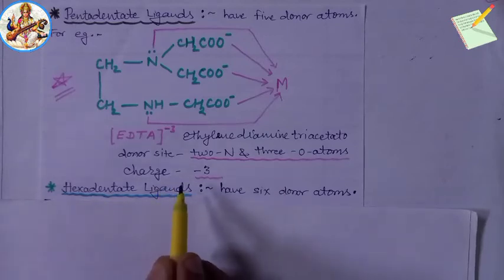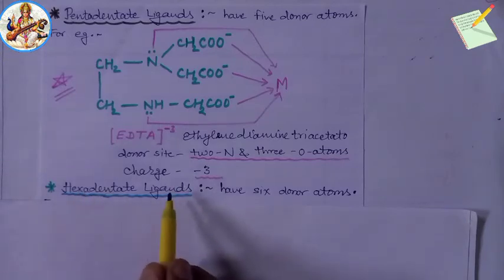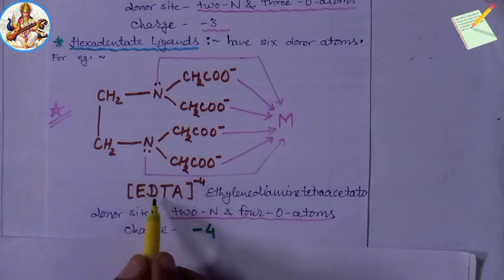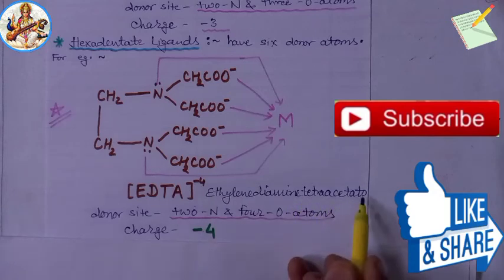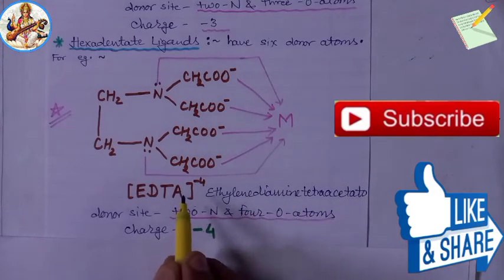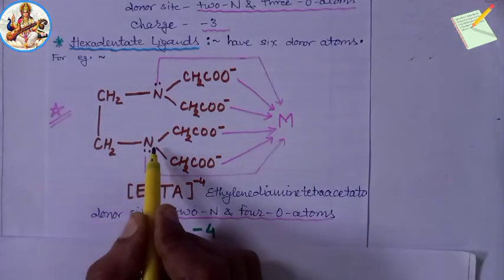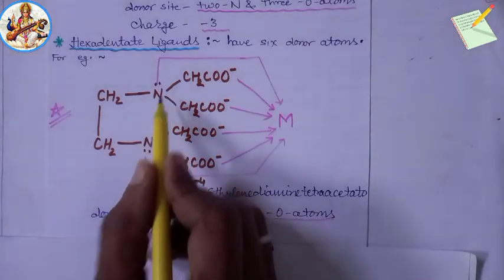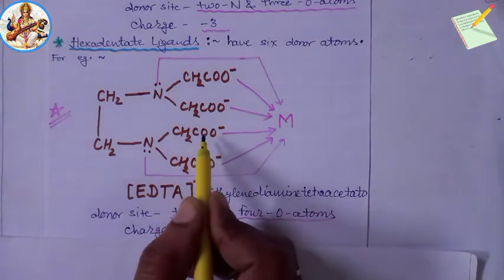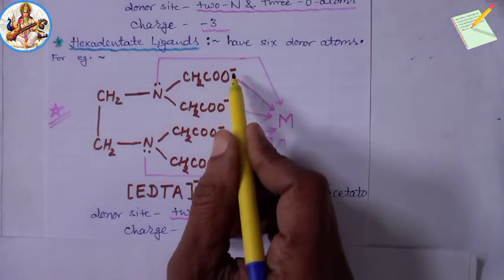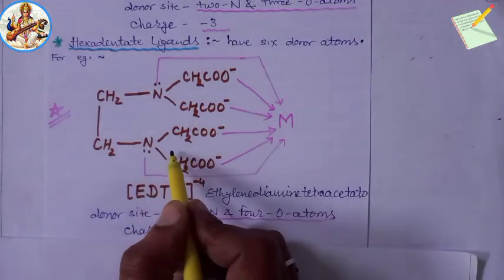Now next, hexadentate ligand. Ligands which have 6 donor atoms are called hexadentate ligands. For example, a very important example, EDTA 4-, ethylene diamine tetraacetate. We know that the molecular formula of en is NH2 CH2 CH2 NH2. 2 hydrogens from each nitrogen atom are replaced by 2 CH2COO minus from each nitrogen atom.